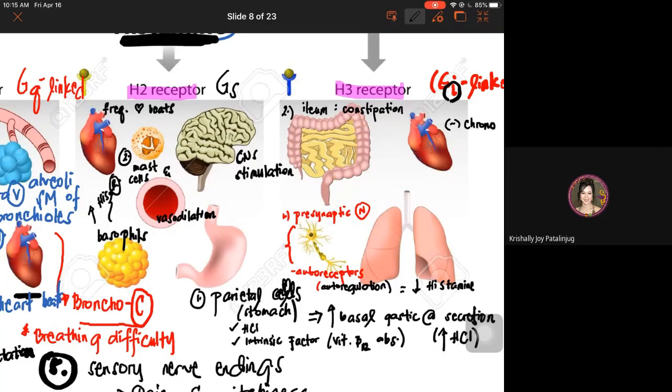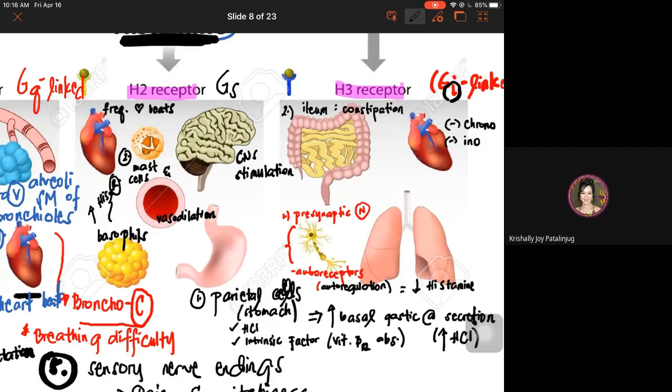The heart rate decreases. Inotropy is also negative. Inotropy is the strength or force of contraction. So negative chronotropy, negative inotropy. That's the effect when the histamine 3 receptor present in the heart is activated.